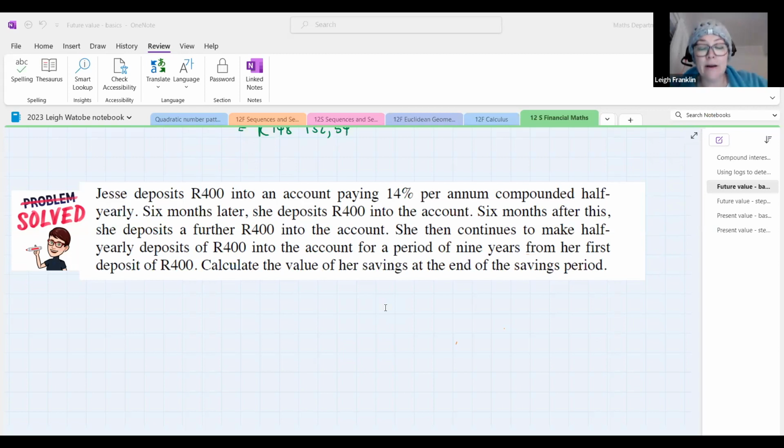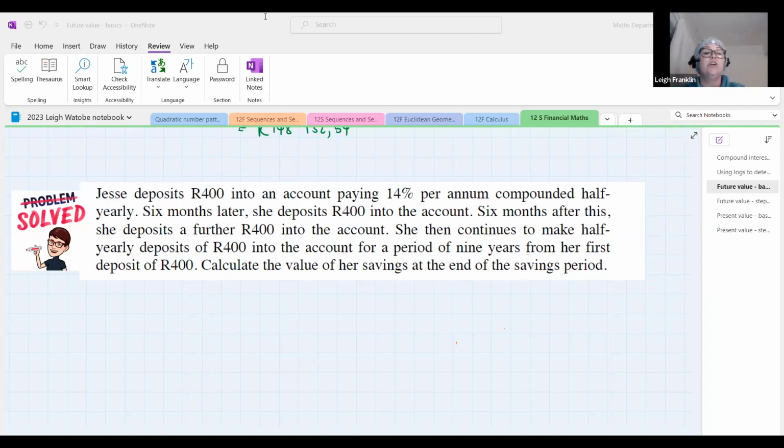So again, here, they didn't use the words future value. So how do you know that you're supposed to be using the future value formula? Well, first of all, they're implying that it's some kind of savings. Second of all, there is this regular 400 Rand that is being paid in, okay, at a regular point in time. So every 6 months, Jessie is putting 400 Rand into this account. Those are your clues that you've got to use. Yes, quite right, Voloshan.